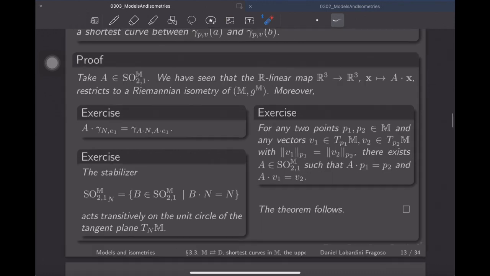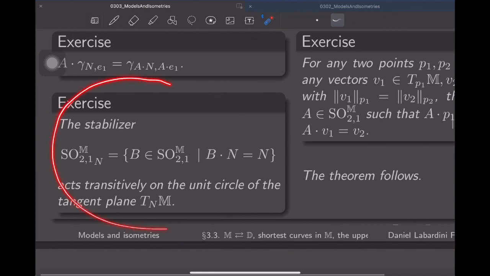Right. As you can see, part of the exercise, and I would say most of the exercise, is just getting used to thinking in these differential geometry terms. Right?